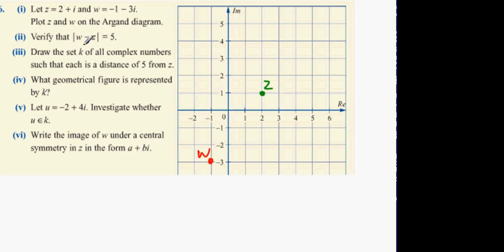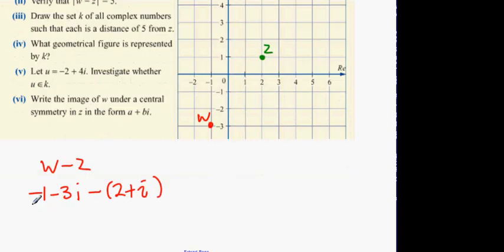Even if you're lost thus far, you're with me now on this one. Okay? Verify that the modulus of w minus z equals 5. Okay, what is w minus z? w minus z is minus 1 minus 3i minus z, which is 2 plus i. What happens here, guys? Minus 1 minus 2?